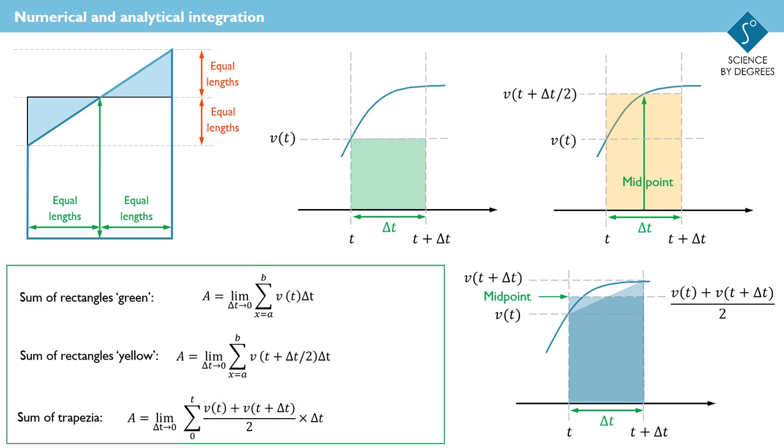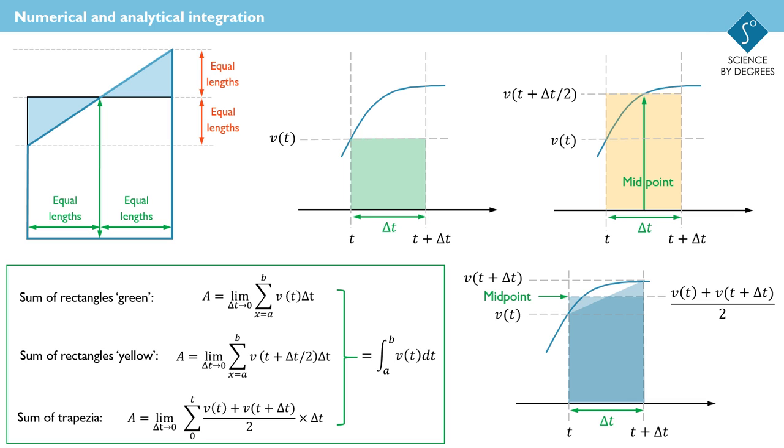But importantly, in the limit as delta t goes to 0, they all give correct answers equal to the integral of the velocity. And that's true when we're in the limit of delta t going to 0.